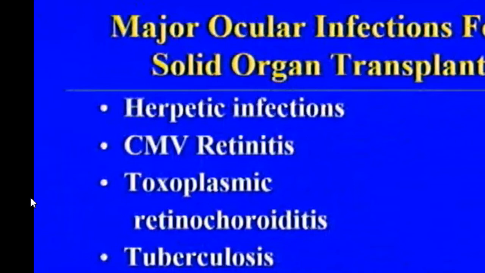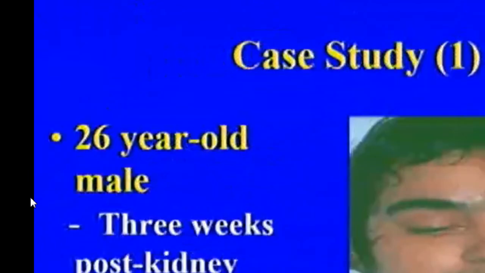I called it major ocular infection after solid organ transplants. I saw 3 cases with herpes, 2 cases with CMV retinitis, 2 cases of toxoplasmic retinochoroiditis, 2 of tuberculosis, 1 of strep pneumonia, and 1 fungal endophthalmitis.